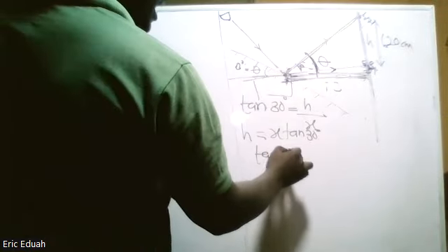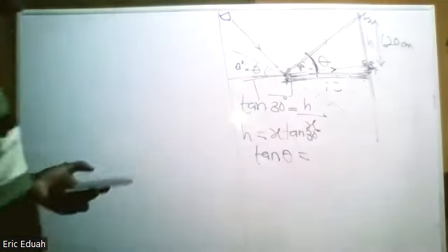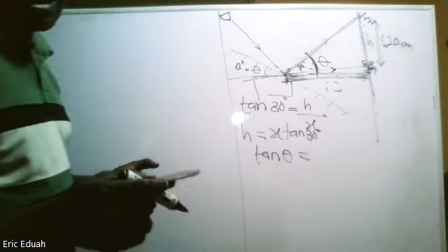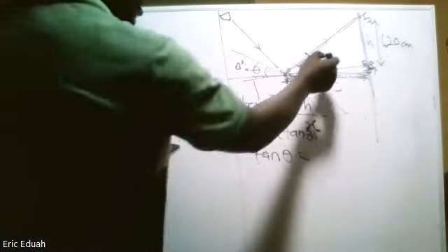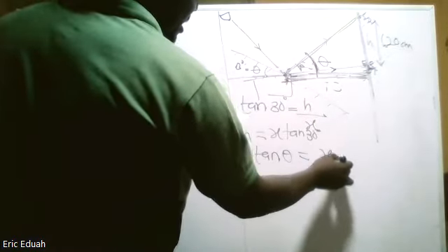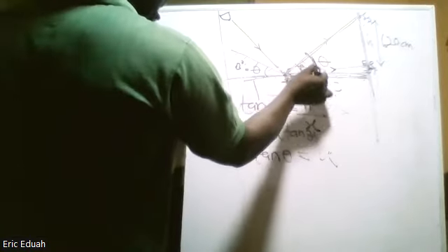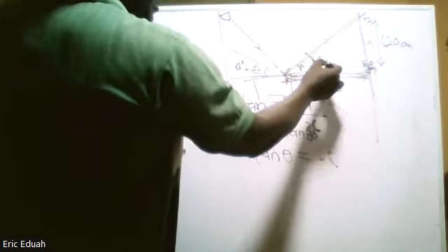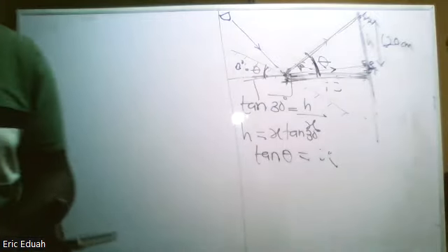Theta will be equal to the opposite over the adjacent. So when you find theta, the angle between the reflected rays, half of this will be the angle through which the mirror must be rotated.